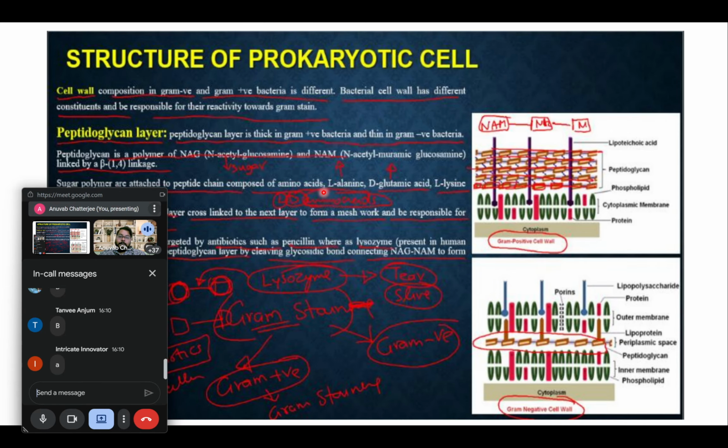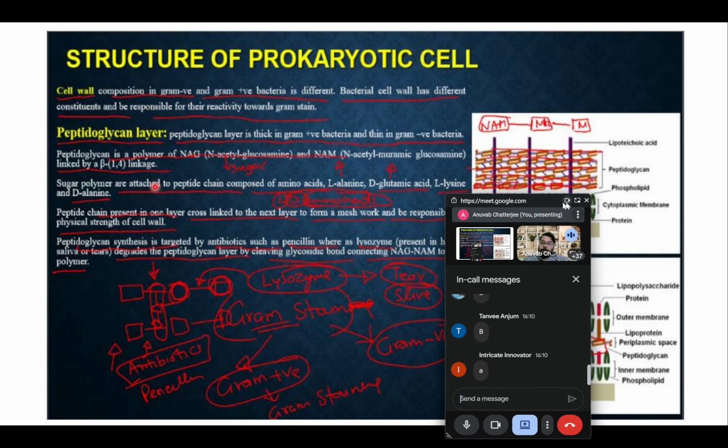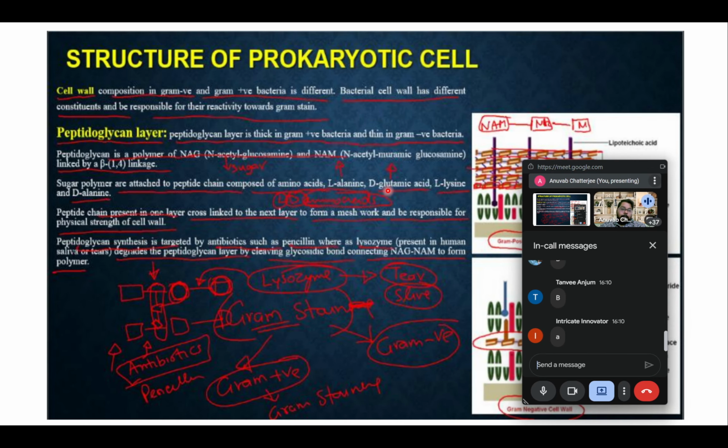And these amino acids are, as everyone has already suggested, L-alanine, D-glutamic acid, L-lysine, and D-alanine. So essentially, we have a composition of different sugars which are attached to one another, and again another cross-linking of different peptides to join them together to form a solid cell wall.